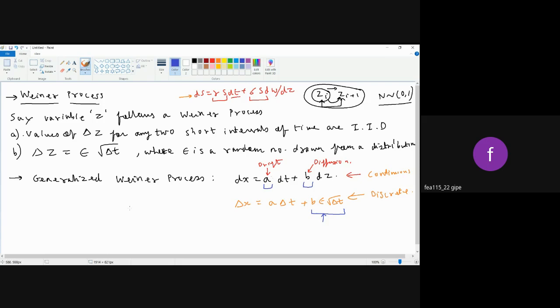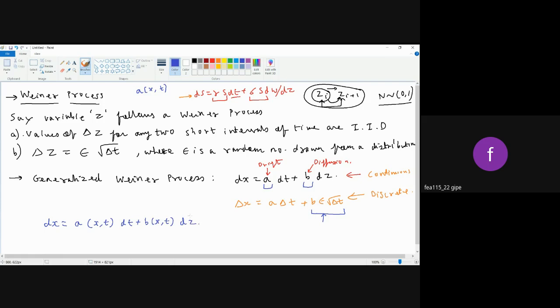So if I want to have something like A of x, t, whereby x is my, let's say x is the underlying and t is the time step, then I can introduce this dependency as well. So if I do that, I can write dx equal to a(x,t) dt plus b(x,t) dz.